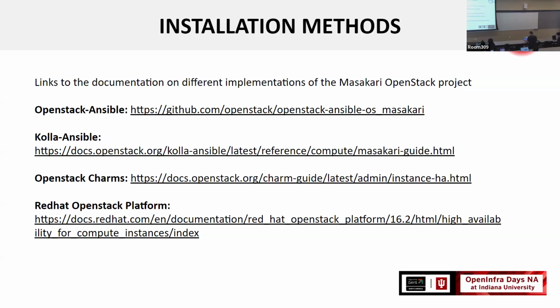Same with Charms, and Red Hat OpenStack Platform. Now that it's changed, it's probably a different process using OpenShift, but if you look at OSP 2, they had high availability. The documentation is on the slides.